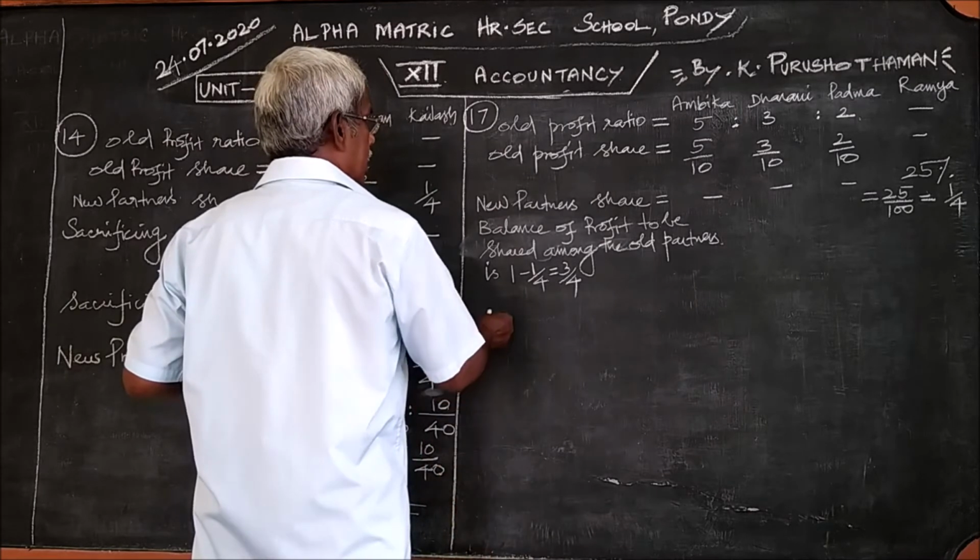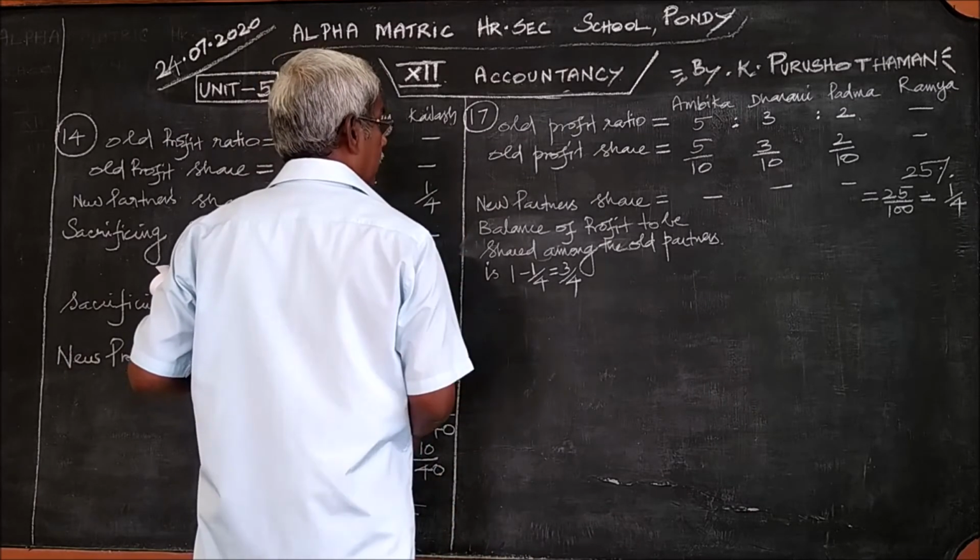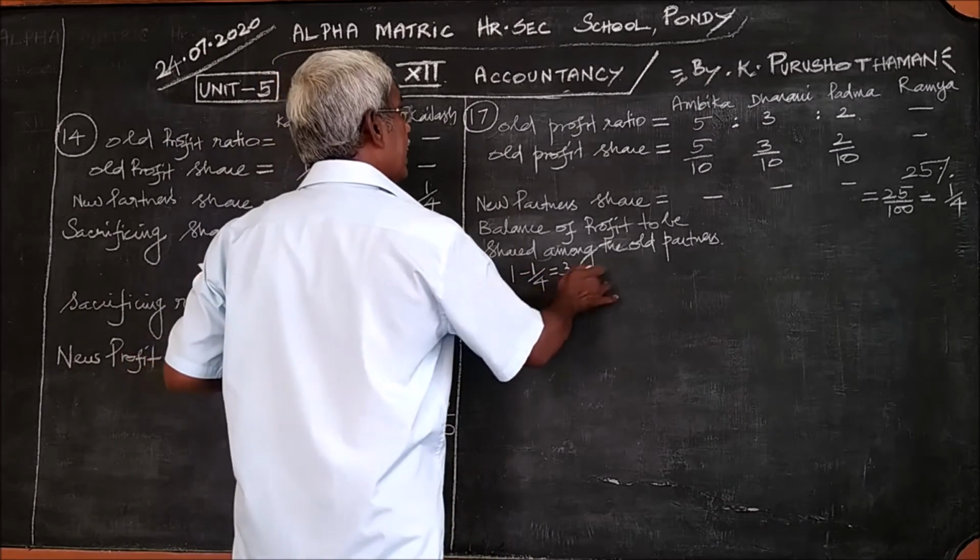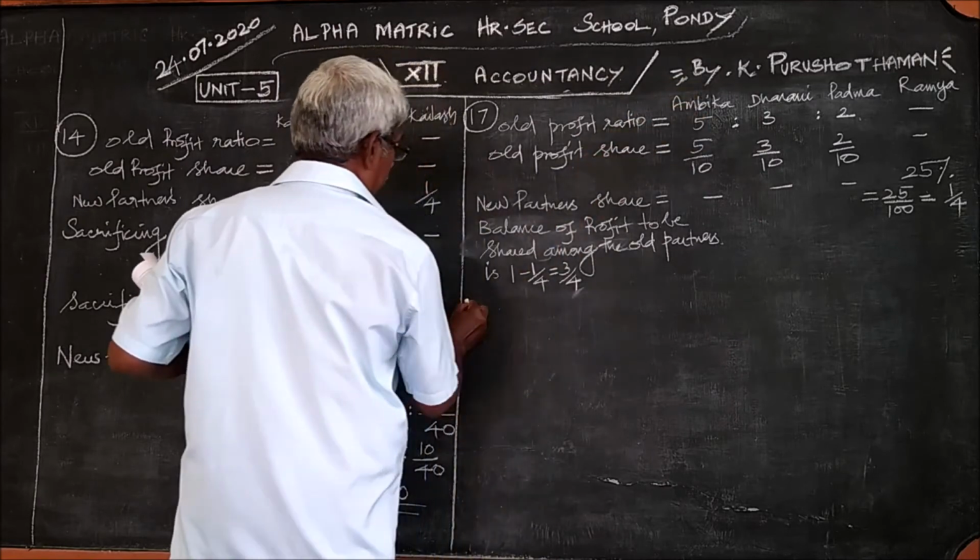This 3 by 4 only should be divided among the old partners.